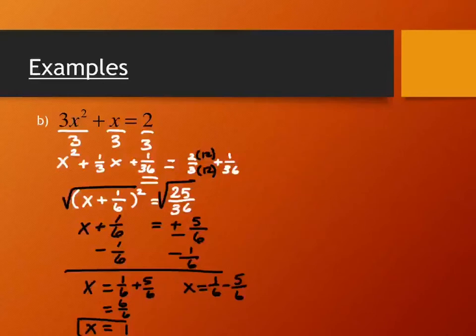So one possibility is that x equals 1. On the second one, we have 1/6 minus 5/6. So 1 minus 5, which is negative 4 over 6, and that reduces, because they're both divisible by 2, to negative 2/3, and that's our second solution on this one.